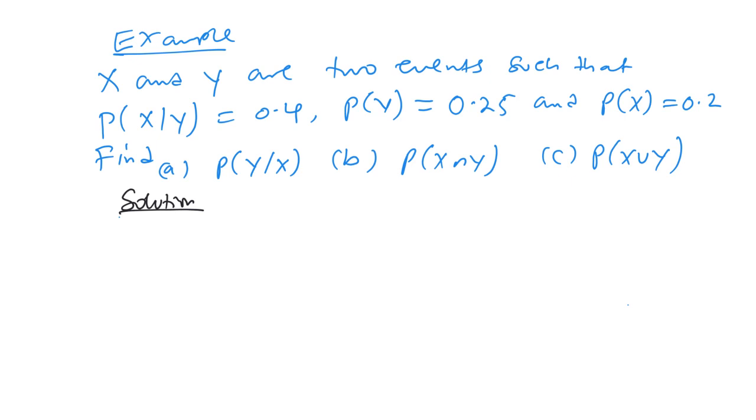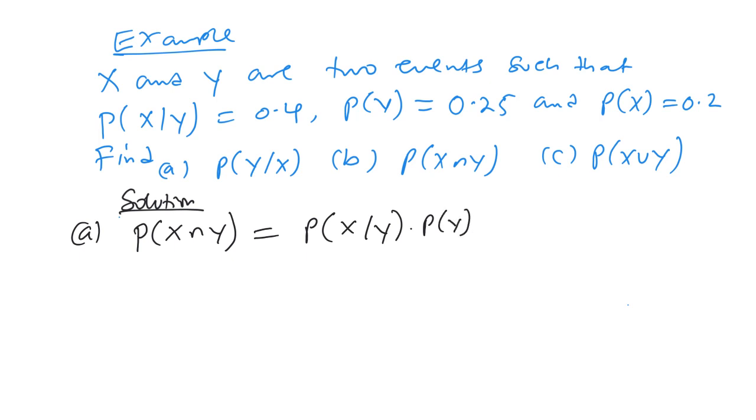Conditional probability. So what do we do in the solution? To answer this part A, there is an interesting result we just wrote down as we were discussing this. We said the probability of x intersection y is the same thing as the probability of x given y times P of y, which is exactly the same as the probability of y given x times the probability of x.